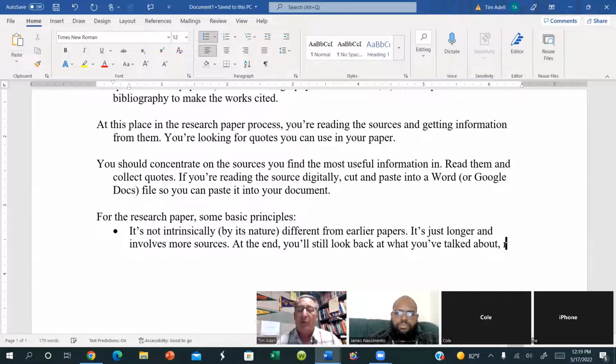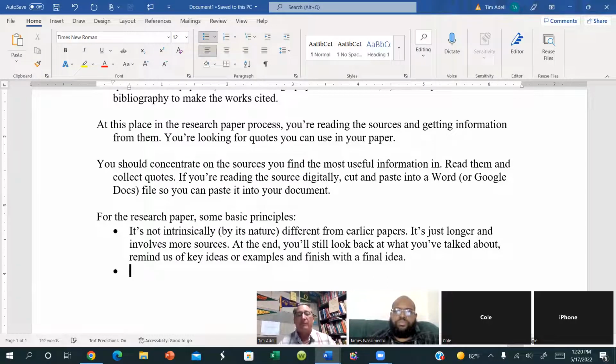And when you do that, you'll remind us of key ideas or examples, and finish with a final idea. So that's still the same thing. It will just be that there will be more of them.